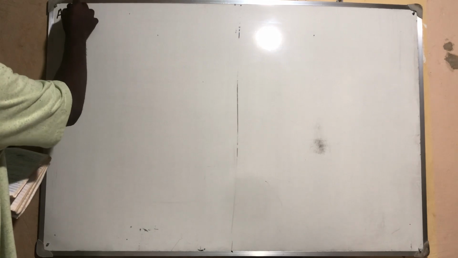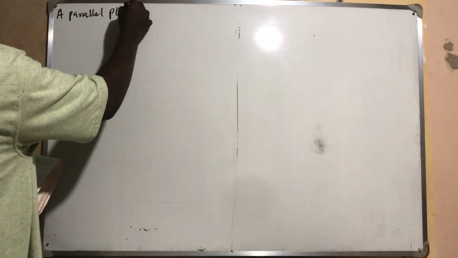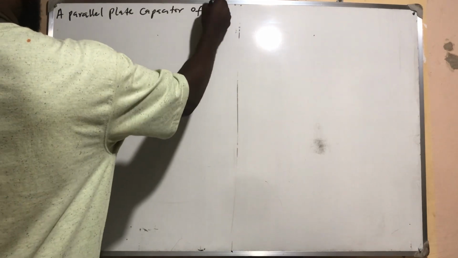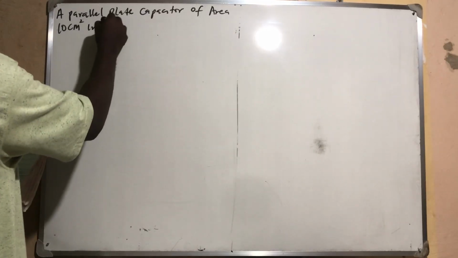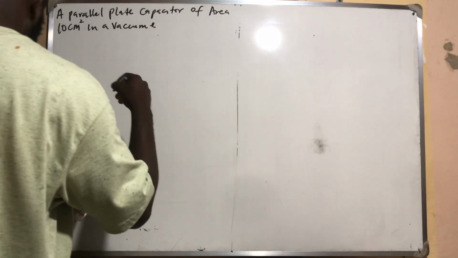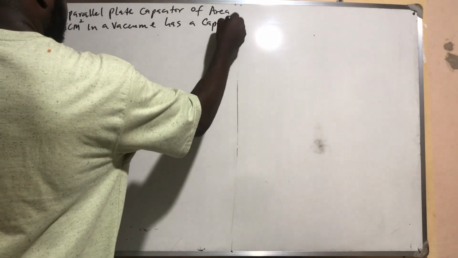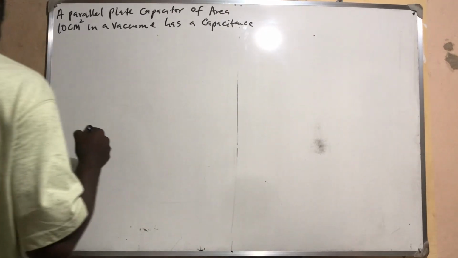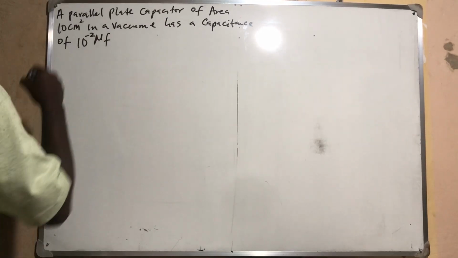They said a parallel plate capacitor of area 10 cm squared in a vacuum has a capacitance of 10 raised to power minus 2 mu farad.